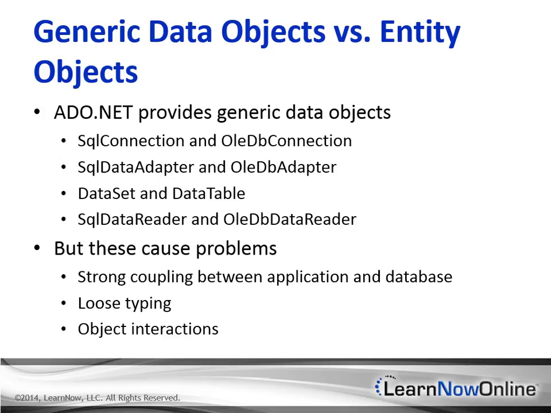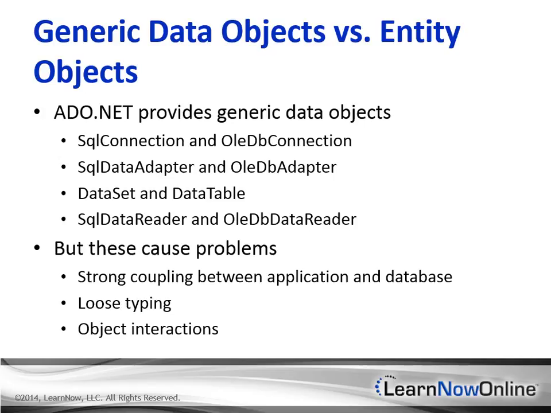And then another problem is object interactions. A data set is able to contain relationships that define how the data in various data tables are related to each other, something like what foreign keys accomplish in a relational database. But extracting related data requires some often complex, unintuitive code, and sorting and filtering can be a challenge as well. All right, so you can start to see that there's various problems with using the generic ADO.NET objects for data access, even though developers have used these objects for years.